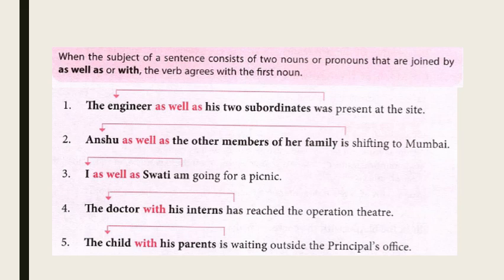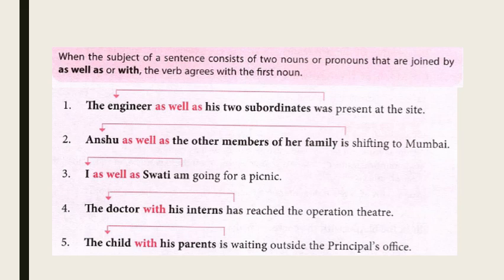We have two nouns joined by as well as. When we have two nouns, the general or basic rule is we need to use a plural verb. But when they are joined by as well as or with, we are going to use a singular verb, right? And the verb has to agree with the first subject.